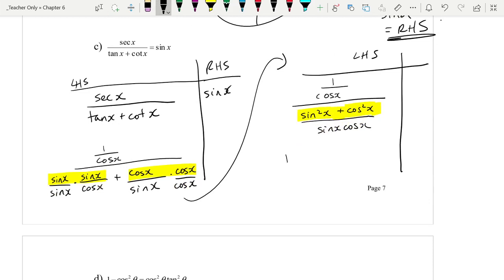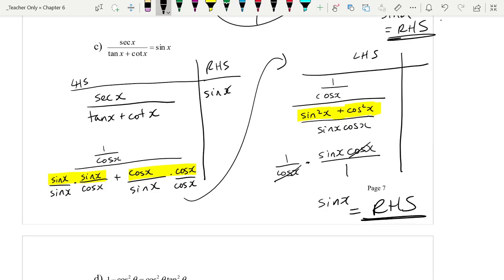So this is now 1 over the cosine of x. And this yellow part here is a 1. But again, if I'm dividing in fraction land, I'm going to multiply by the reciprocal. And 1 times the sine of x divided by 1 is just the sine of x, which is equal to the right-hand side. We're done. Proven.